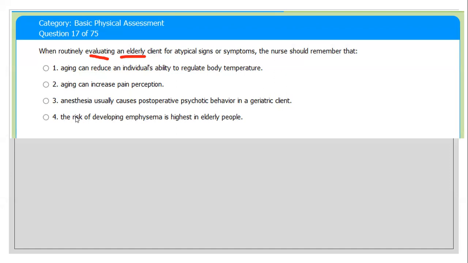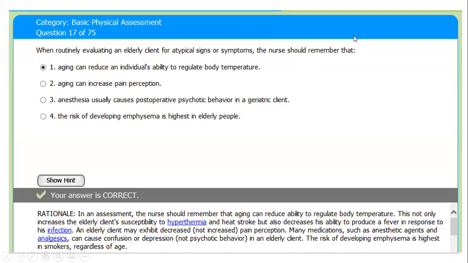Number four, the risk of developing emphysema is highest in elderly people. So the correct answer is aging can reduce an individual's ability to regulate body temperature.